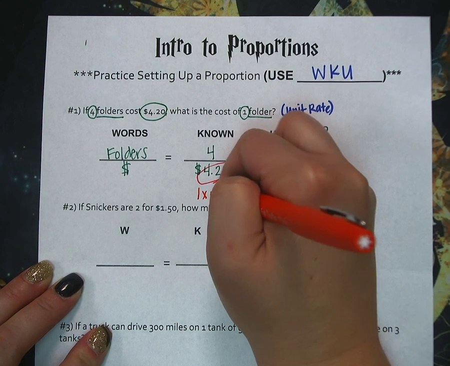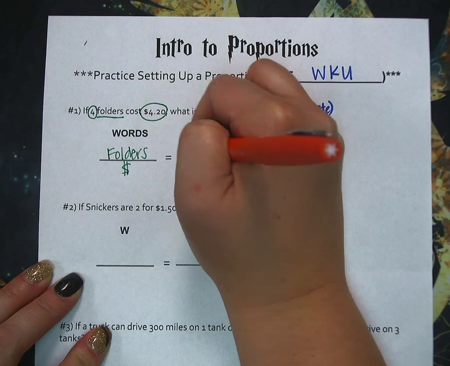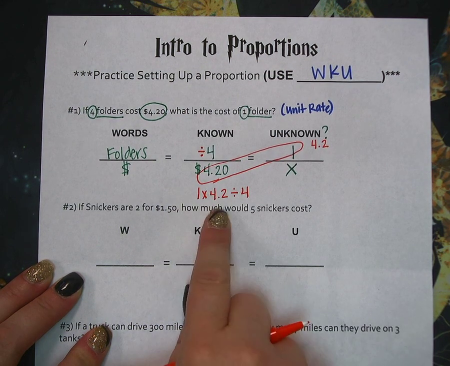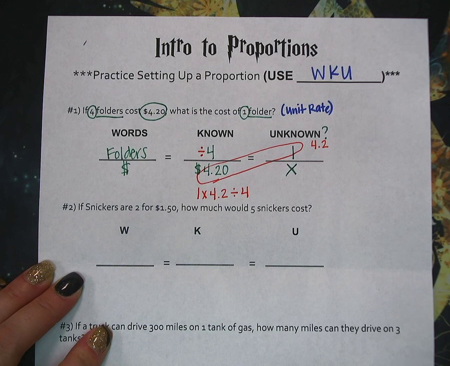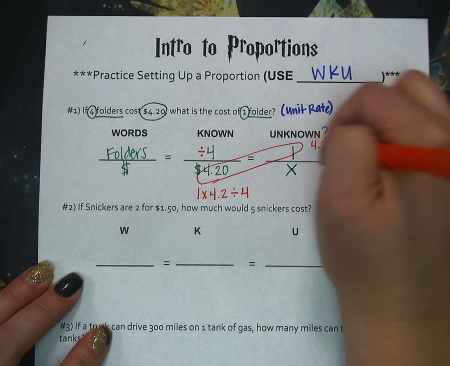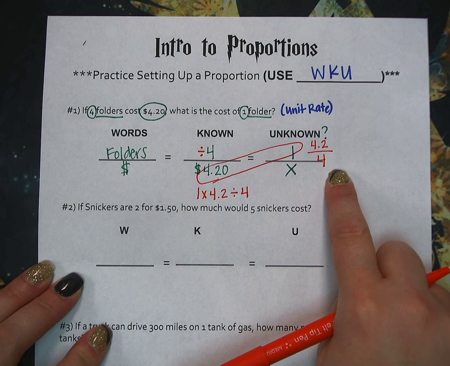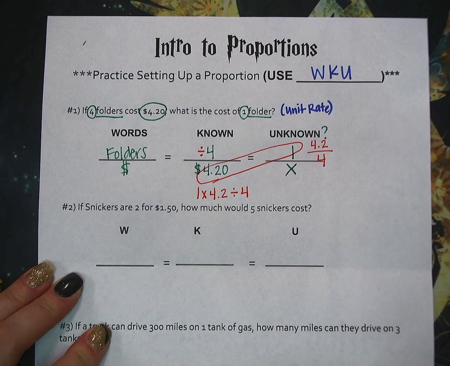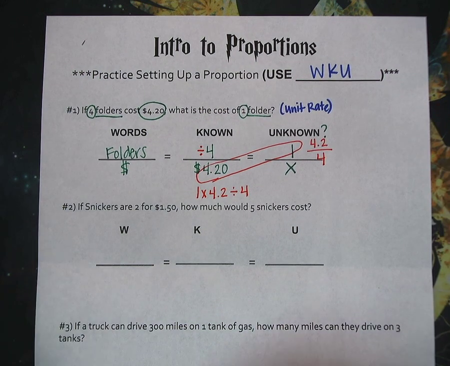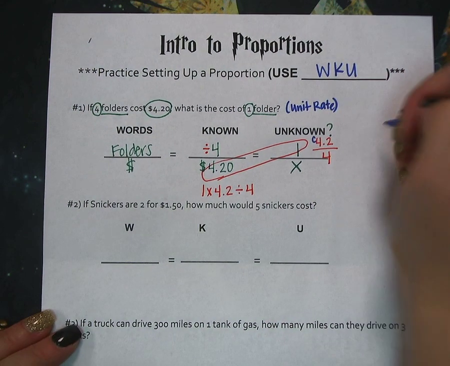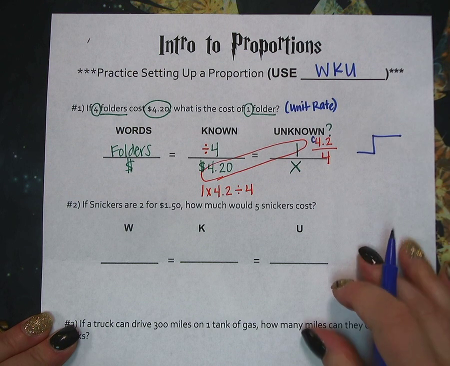And then I'm going to divide by my 4. So I have 1 times 4.2 is 4.2, and we divide by 4. Remember, we stack them to see if we can cross off any zeros. We can't. So then it makes it easier for me to label. There's my cowboy, and I'm able to divide.